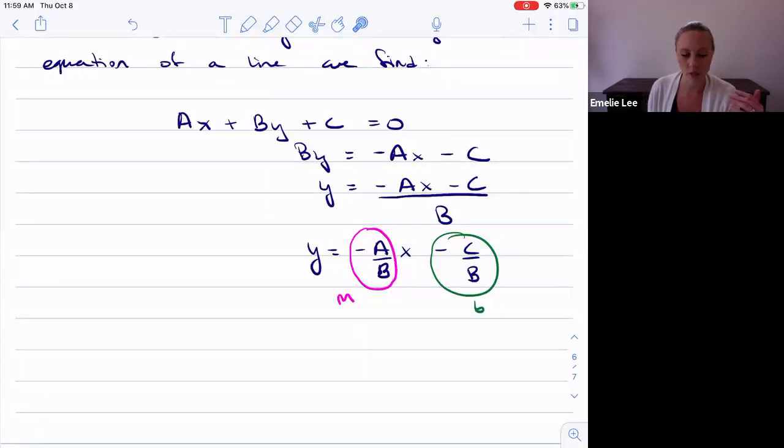I'm just showing you that we can rearrange this, and we would have something kind of nasty here for the intercept, but we can still rearrange it into the form of y equals mx plus b, right? And so we can move from the general form to the slope-intercept form.